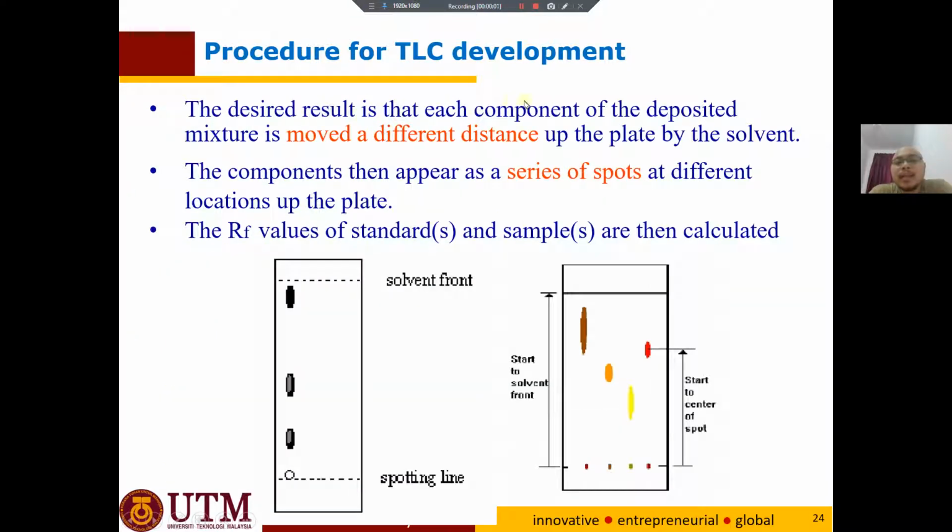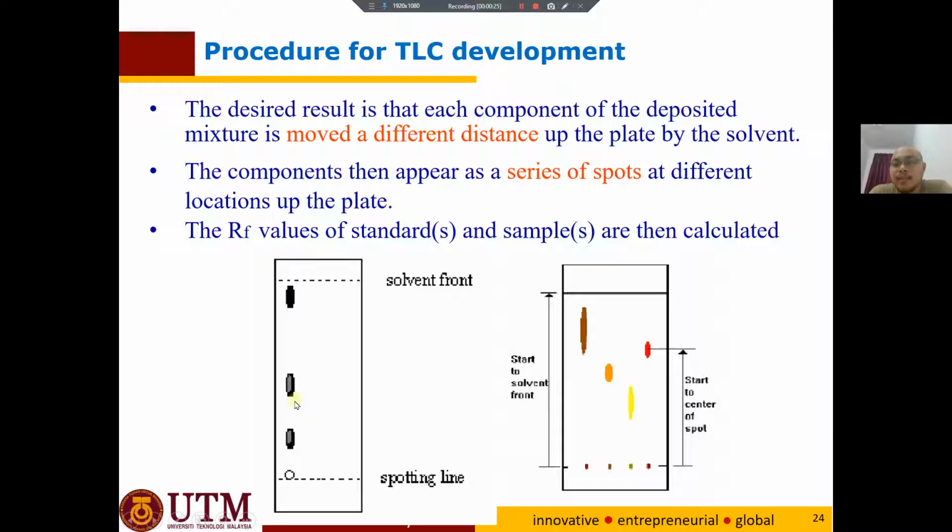The desired result is that each component of the deposited mixture is moved at a different distance up the plate by the solvent. If you look over here, we have three components, and we need them to move at different distances.